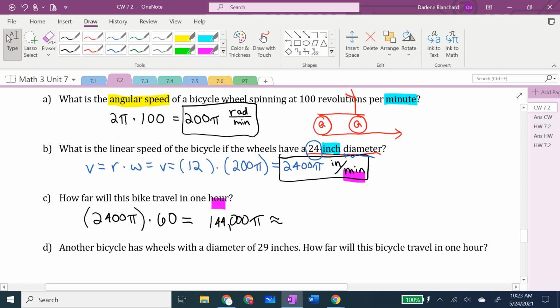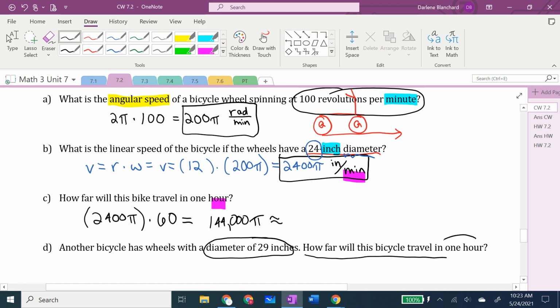This is dealing with the same angular speed. So what you want to be ready to manage is if you are told that a bicycle wheel spins at 100 revolutions per minute and the diameter of the wheels is 29 inches, can you take that information and determine how far the bicycle travels in 1 hour?